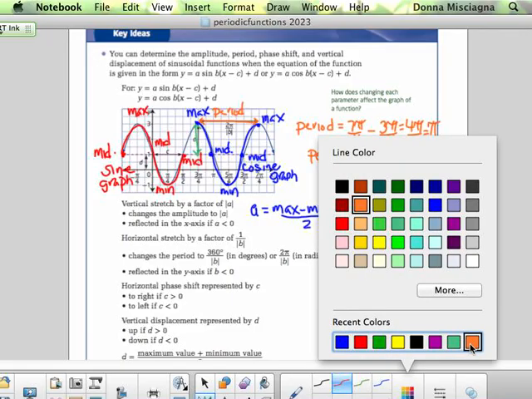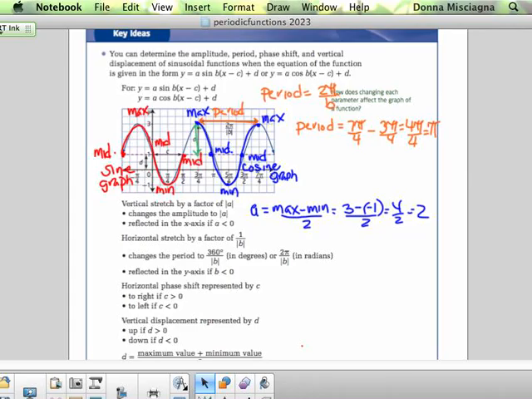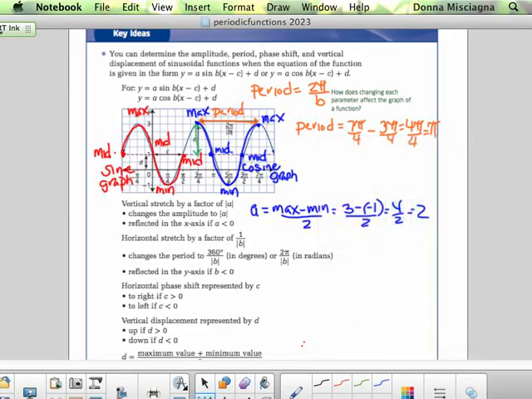Either that or I'll move it down a little bit. Get my orange back. All right, so actually, you know what? If I put this here, I think now I have enough space. So that's our equation right there that we're going to use to solve.